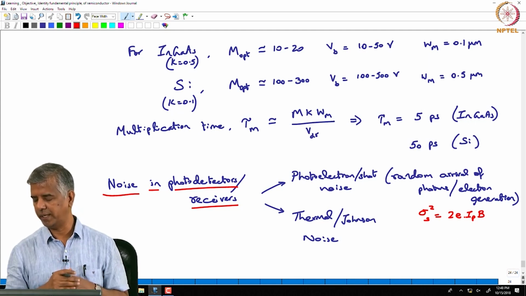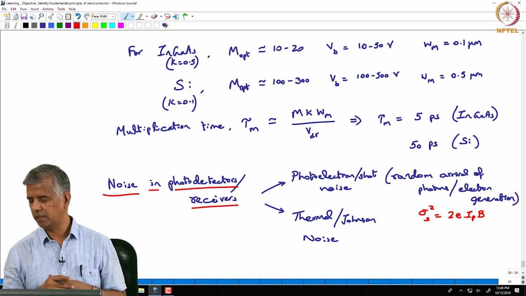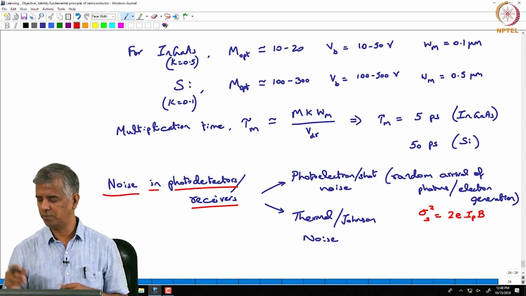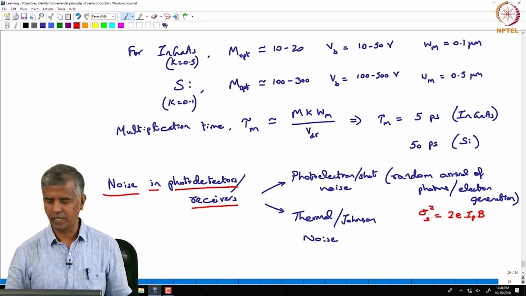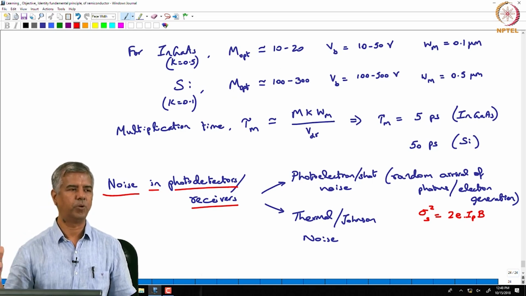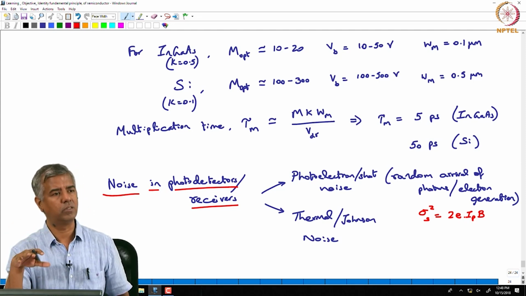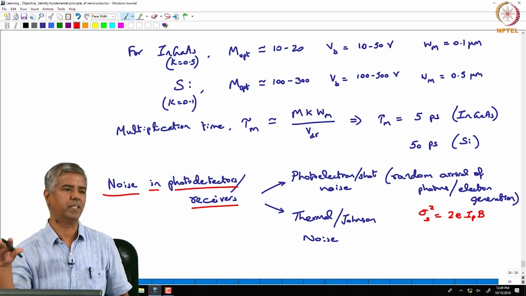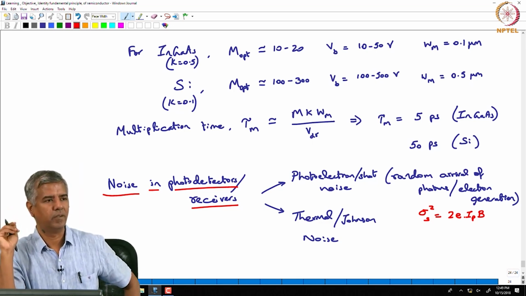So, it's integrated over 2 times B, and so you have 2 times E times the photocurrent multiplied by B. Essentially, it says that it's proportional to the photocurrent. The more photocurrent you have, which corresponds to more photons falling on the photodiode, the more the variance will be. This is a concept we discussed much earlier when we were talking about photon statistics.